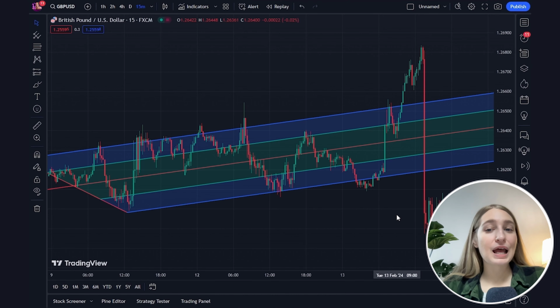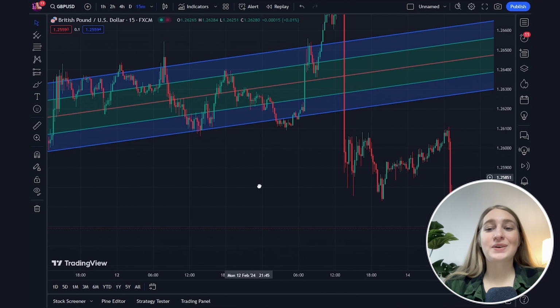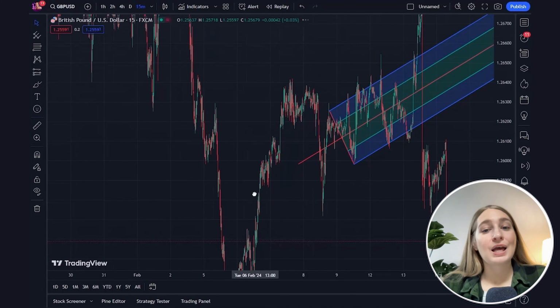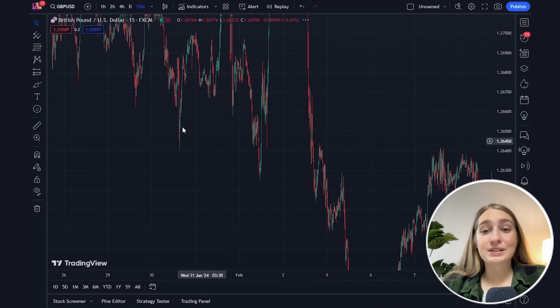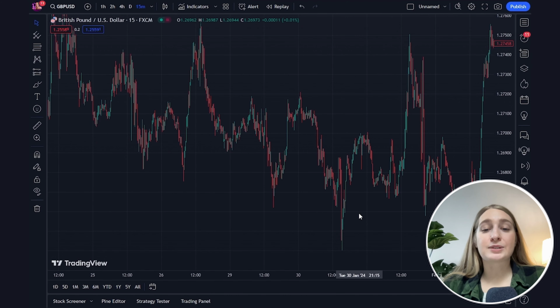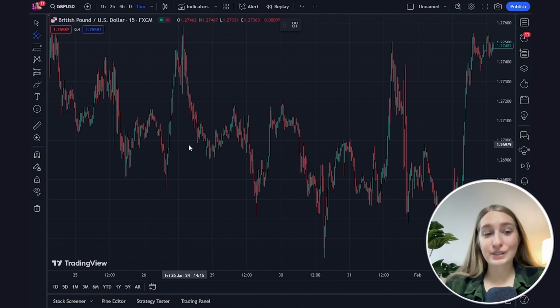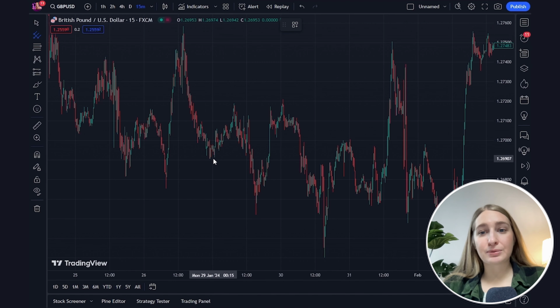So here we can also draw the Andrews forks. I will show clearly that the general price movement is moving downward like this. We see a trading corridor, and here we can mark the middle of the center.